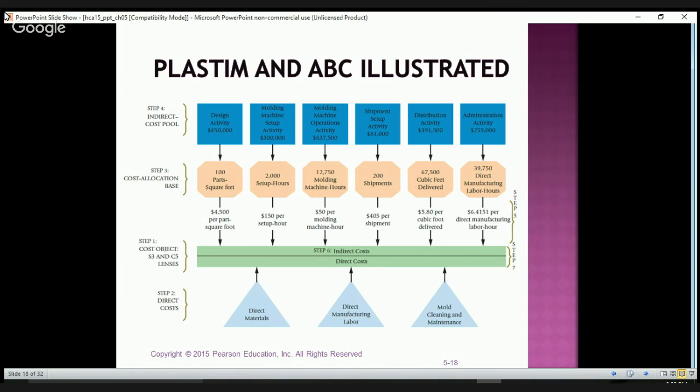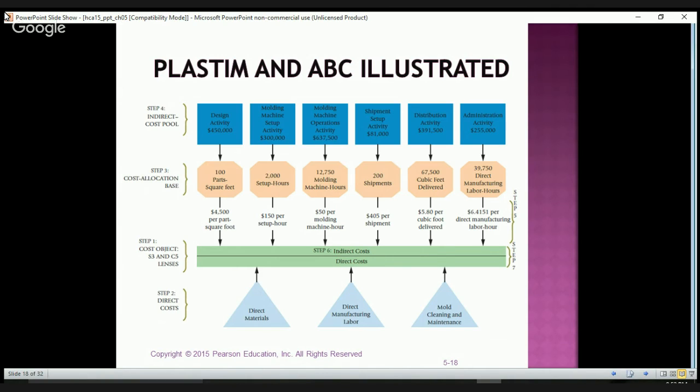For the first one, they're going to say we have 100 parts per square foot. That is the cost allocation base. We take the 450,000 divided by the 100, and so we're going to charge $4,500 per part square foot. For the molding machine setup activities, they're saying that we're going to be using 2,000 setup hours.